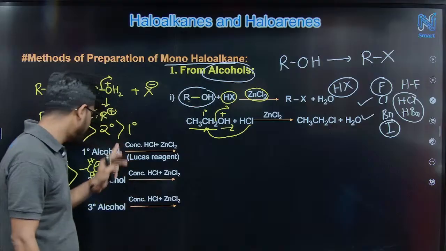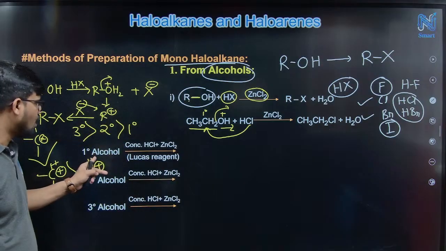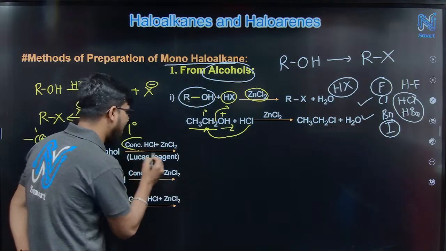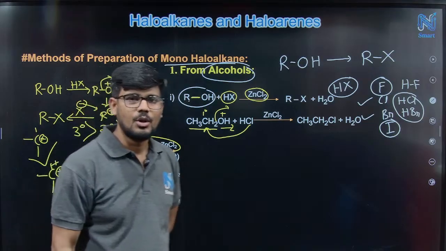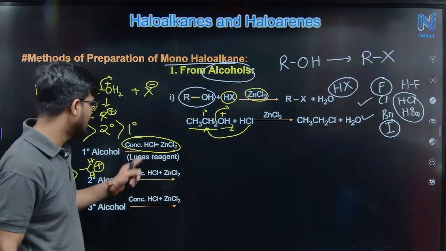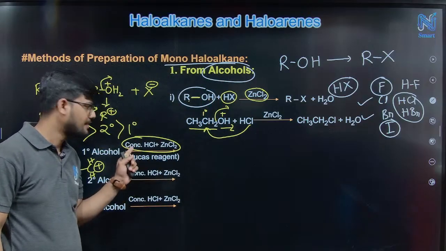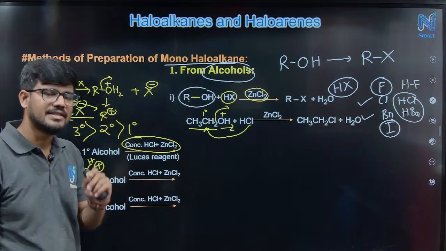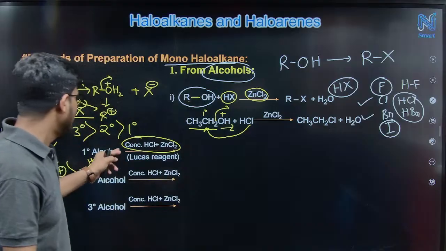Now here we have these 3 methods: 1 degree alcohol, and by the way, this concentrated HCl and ZnCl2 is called Lucas reagent. Whenever we have concentrated hydrochloric acid and ZnCl2, this means Lucas reagent.